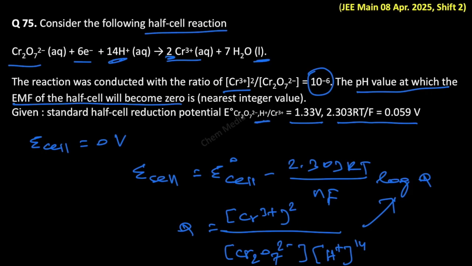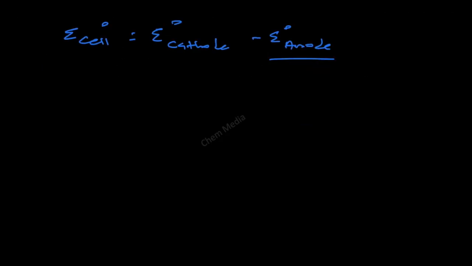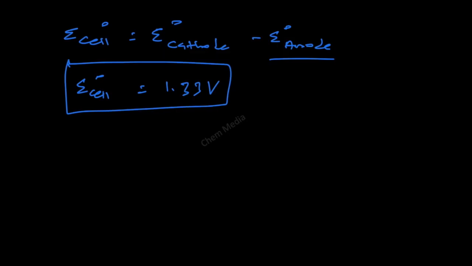What this means is that the potential of this single electrode is measured against a standard hydrogen electrode. We know that for standard hydrogen electrode, it is 0 volt because that is a reference electrode. So, that is a tricky part in this question. For the anode, we have to take it as 0. Please do not think that the value is not given. For the cathode, the value given is 1.33 volt. So, the E cell standard is equal to 1.33 volt.